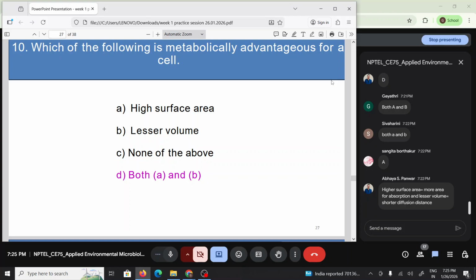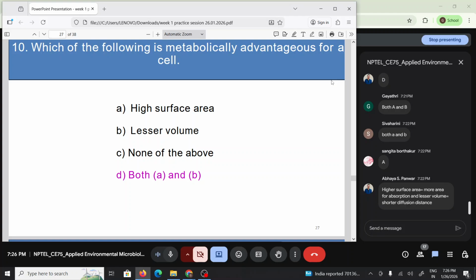When we talk about the surface area to volume ratio, it ideally should be very, very high, which means the surface area should be high and the volume should be low. Then only the surface area to volume ratio will be a high value. But why are we more concerned that this ratio is high? Because a high surface area to volume ratio allows highly efficient nutrient uptake, because the diffusion distance is going to be very short.